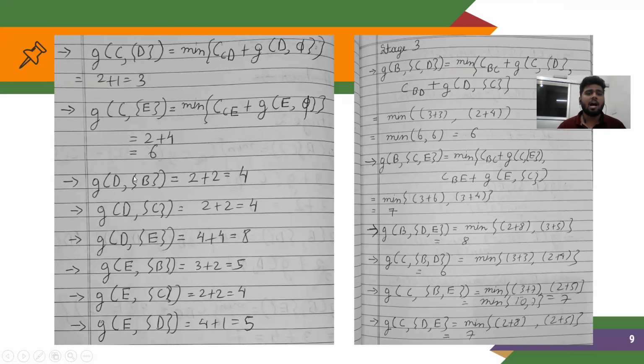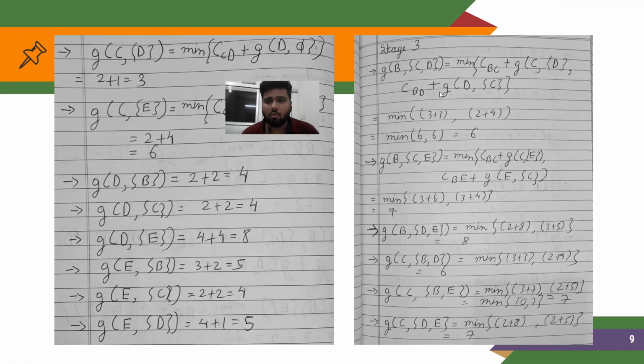As I explained how we are forming these combinations, we can apply the same logic and find these results. Now we have to store these results for future use, as I have explained about dynamic programming. Now we are moving to stage 3. Here we will be putting 2 values rather than 1.